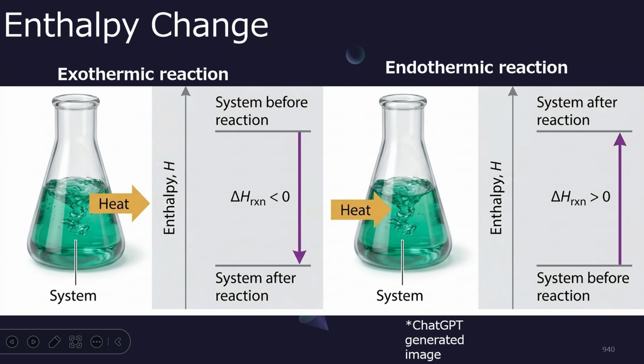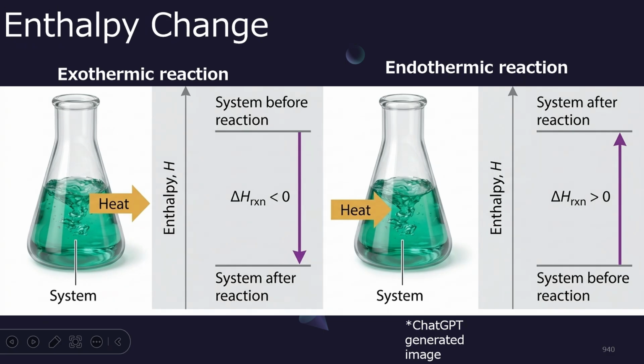If we have this little graph where the y-axis is enthalpy, higher is higher enthalpy, our system before and our system after has a difference. After is underneath, so our delta H here is negative, less than 0. Delta H of the reaction. RxN is sometimes an abbreviation you'll see for chemical reaction.